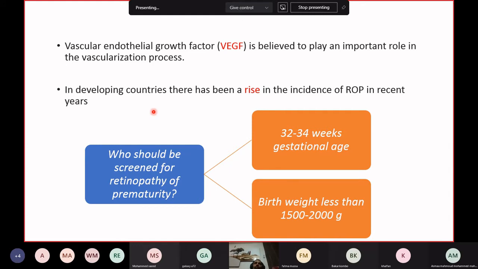So infants who used not to survive in the past can survive now. And this is why we see this disease more and more at the moment.